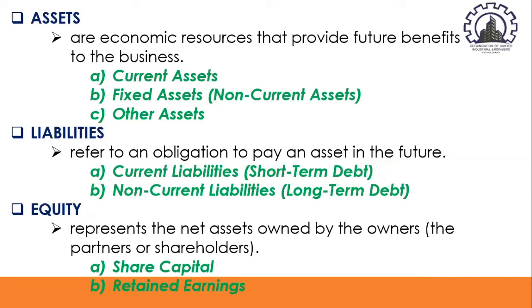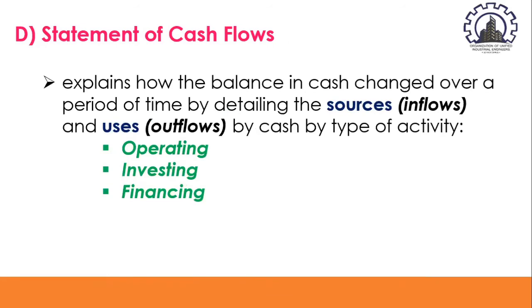All right, so the next statement that we're going to be discussing today is the statement of cash flows. The statement of cash flows explains how the balance in cash changed over a period of time by detailing the sources or inflows and uses or outflows of cash by type of activity.